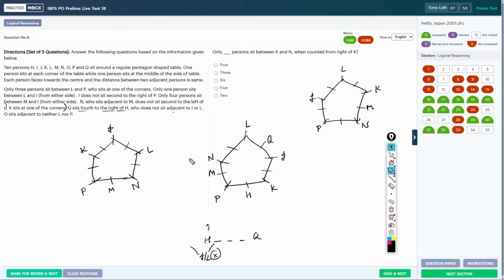So H, 1, 2, 3, Q. O sits adjacent to neither L nor P. So O here. What's wrong with this? So H here, 1, 2, 3, Q. O does not sit next to L or P, so not possible here.